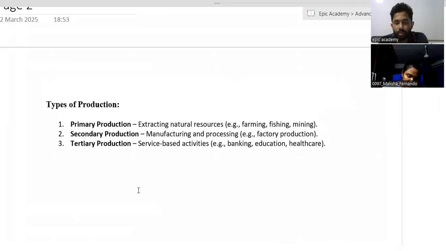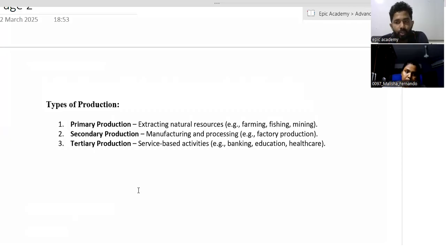First one is primary production. As examples, farming, fishing, mining. Actually, those activities belong to agriculture production. We call it primary production. Why do we call it primary production? Because in those cases, we are not going to use more and more technology.